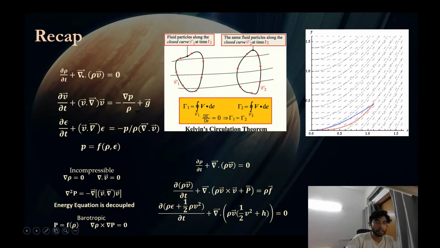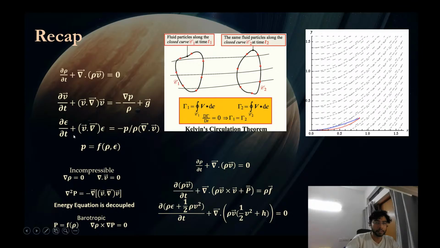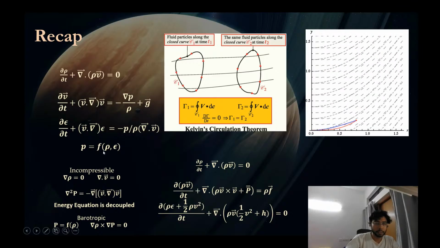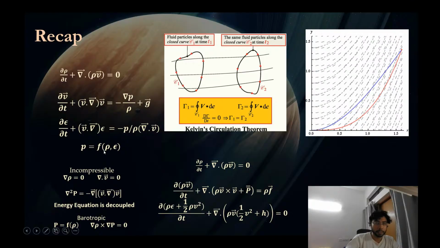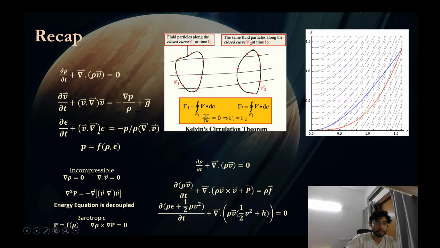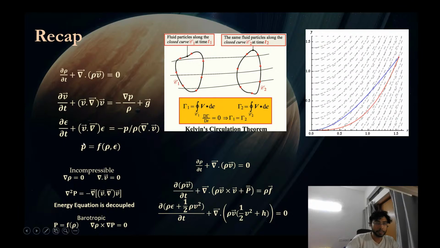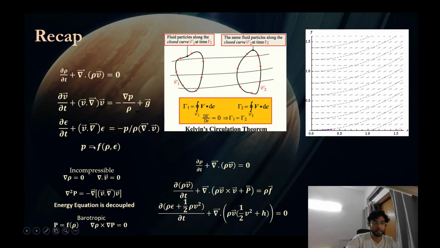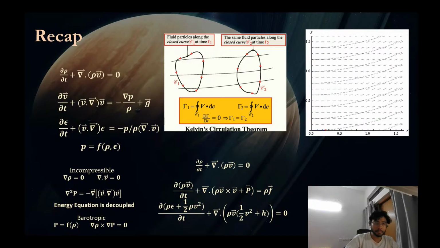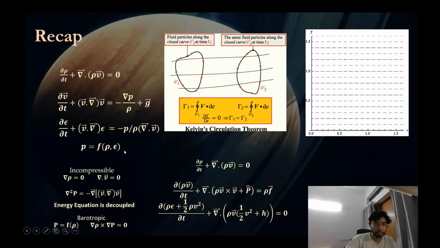The first one is the continuity equation, the second one is Euler's equation, the third one is the conservation of energy, and the fourth one is an equation of state, which is required because we have six variables. In order to have six equations, we also require an equation of state, which is basically a relation between the pressure, density, and the internal energy of the fluid.